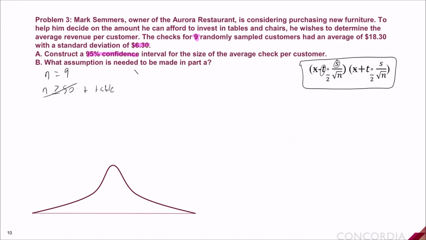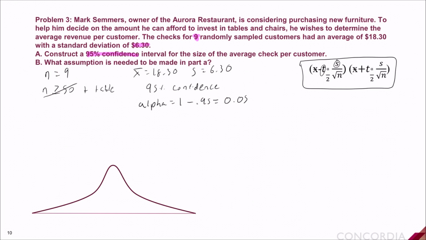Now, we know that the average is 1830, and our standard deviation, now denoted as s, is 630. Our confidence level is 95%, which means our alpha is equivalent to 1 minus 0.95, which gives us an alpha of 0.05.